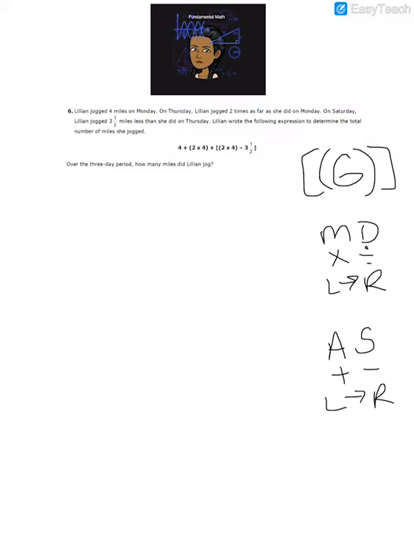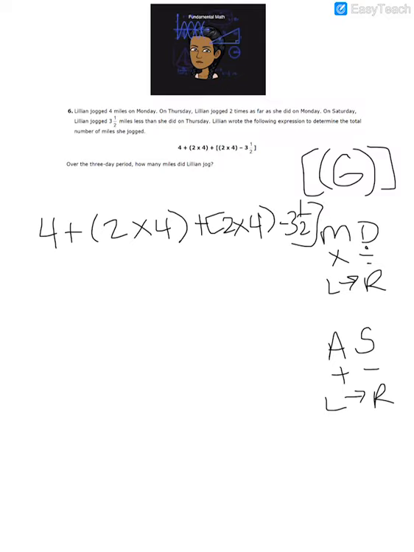Okay, so I am going to rewrite this expression. So we have 4 plus, open parenthesis, 2 times 4, close parenthesis, plus, open bracket, 2 times 4, close parenthesis, minus 3.5, close bracket. Sorry, I forgot to put that open parenthesis right here.